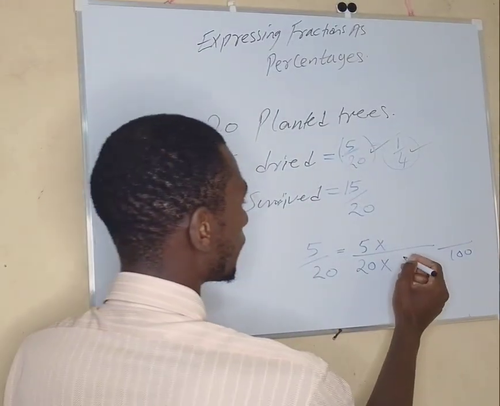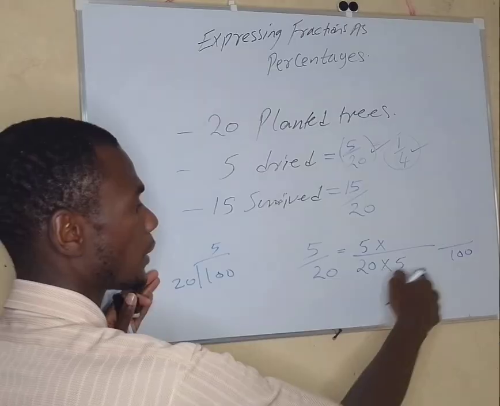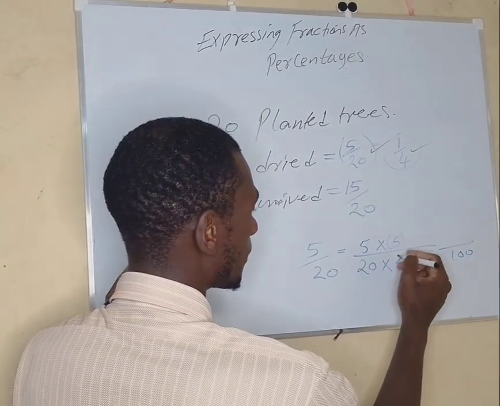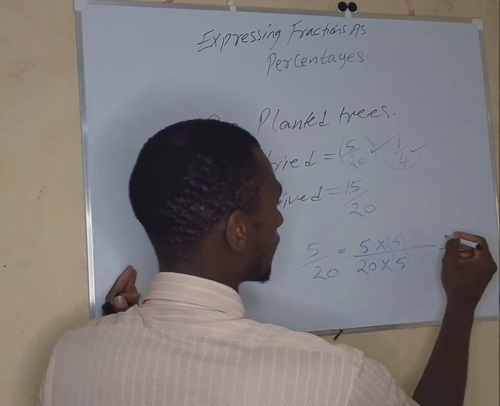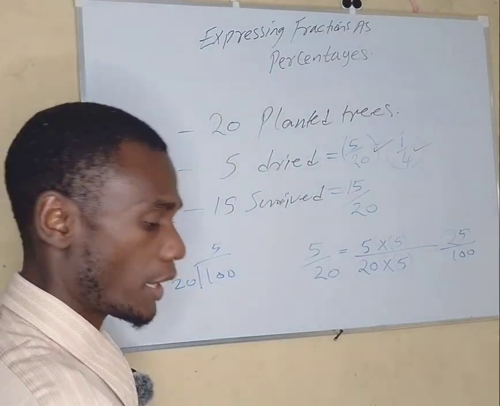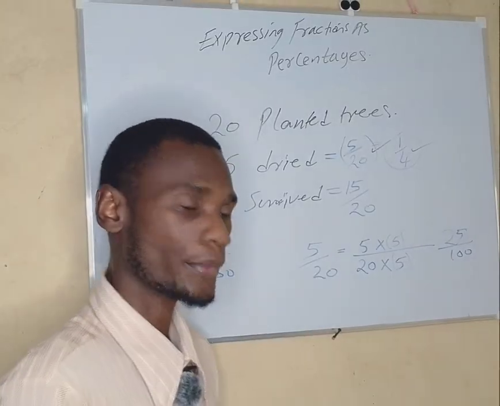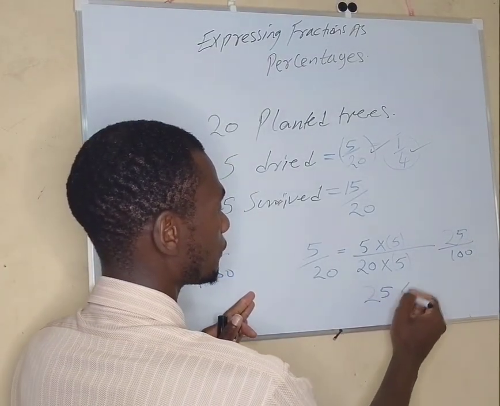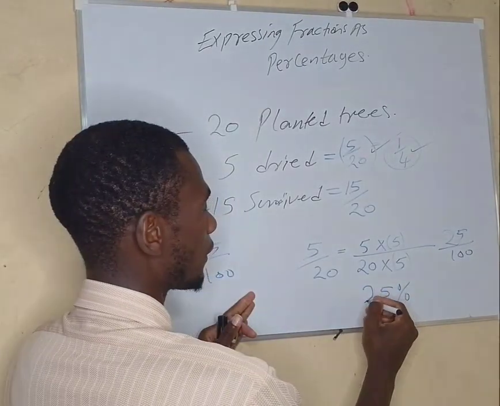So 20 times 5 is 100. I've said the same number you use down is the same number you use up. So 5 times 5 is 25. So in terms of percentage, the number of trees that dried is 25%.